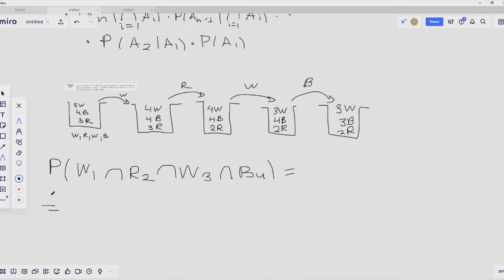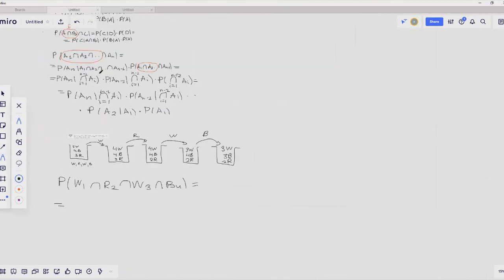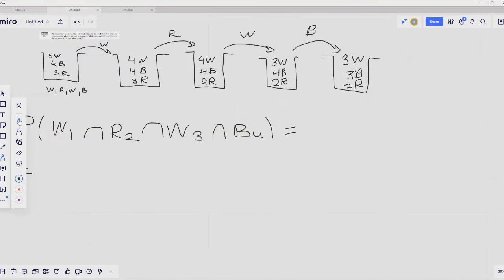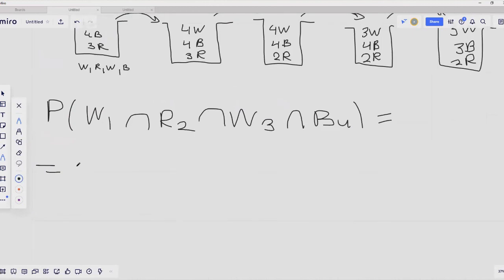This might be expressed as the following product using the principle we studied here. Probability of drawing black on last draw, given that we have drawn white on first, red on second, white on third draw.